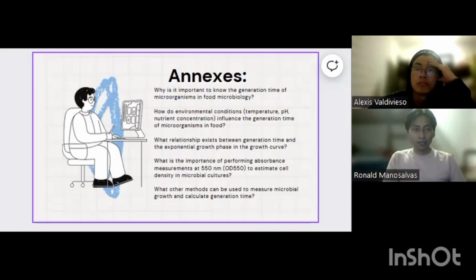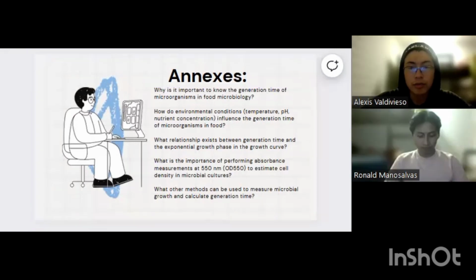In summary, measuring absorbance at 550 nanometers is a valuable technique for estimating cell density in microbiological cultures due to its rapidity, ease, low cost, and ability to provide quantified measures of the cells' growth in real time. Next, please.